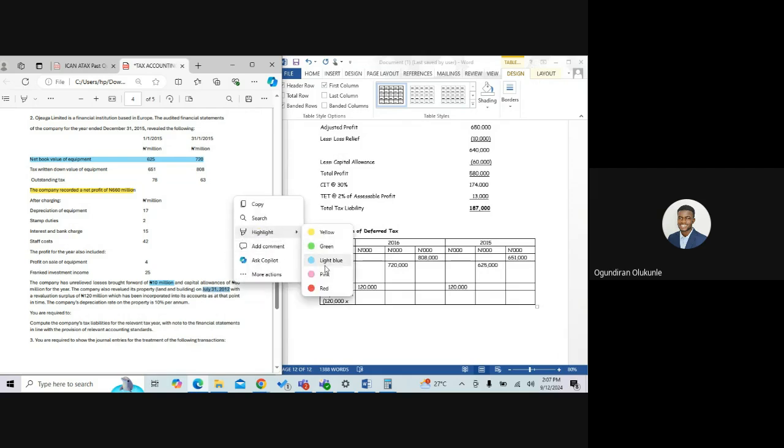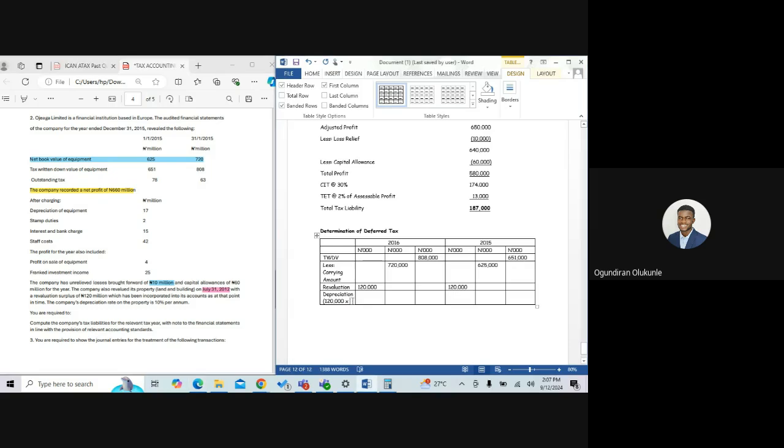In this case, the asset was revalued on July 31st. So it means it clocked 4 years on July 31st, 2015, right? You know the accounting year is December. So you are looking at it from 2012 to July 2016.